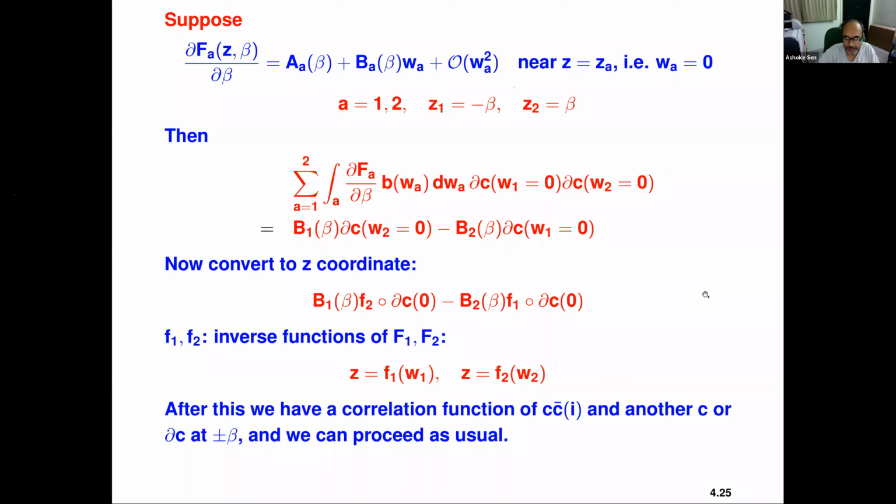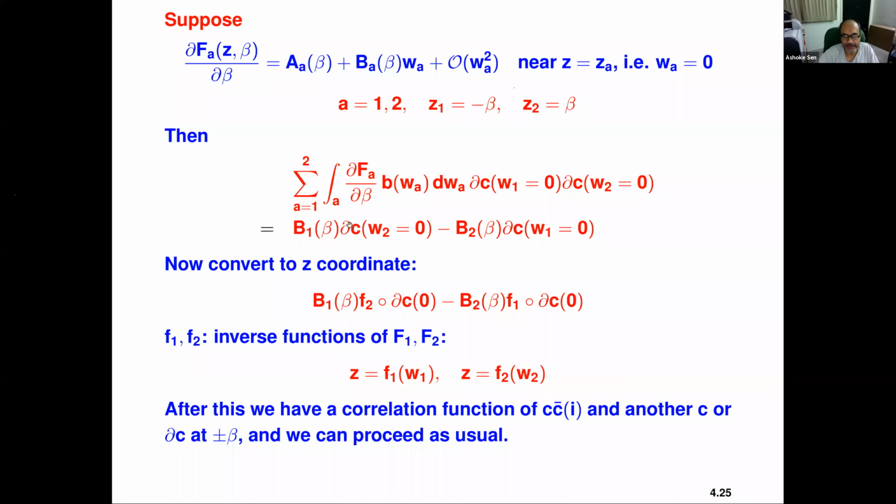Now you see that you have a correlation function with 3 c's. You have a cc̄ at i and another either c or ∂c, because this f-dot ∂c contains both a c and a ∂c, and that's inserted either at β or minus β depending on whether it's here or here. Now of course this correlation function you are familiar with, and we can proceed as usual. This is valid not just for ∂c; in fact any derivative of c you can handle this way.